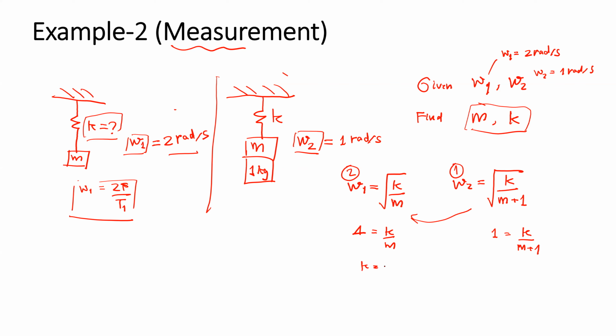So K equal to 4M, and here M plus 1 equal to K. I think from this, it's easy to obtain M and K by solving these two equations. Just do it by yourself.